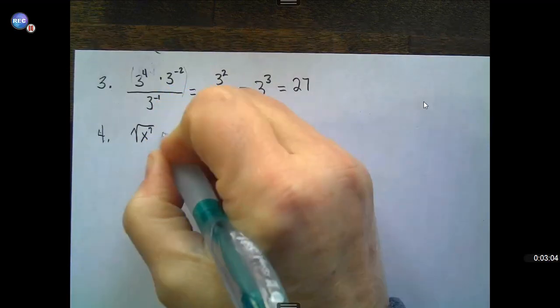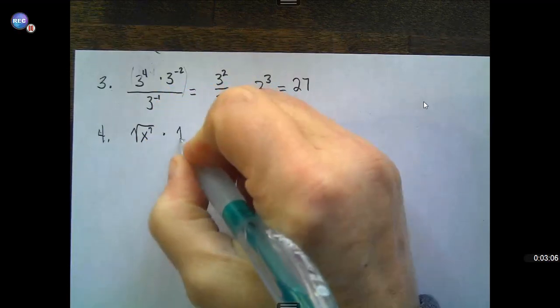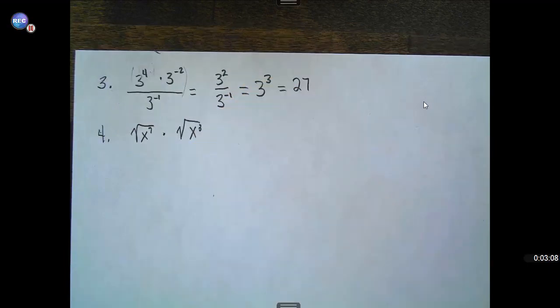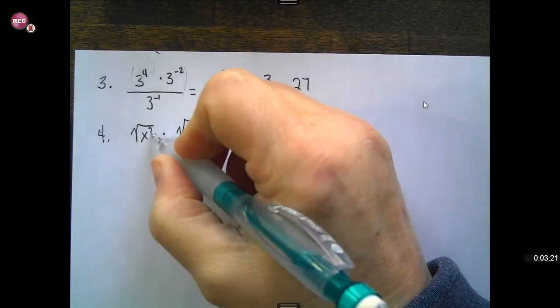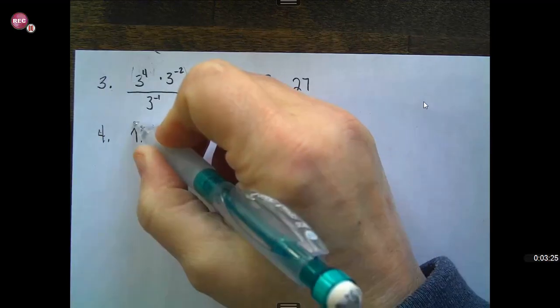x to the 7th times x to the 3rd. I can't remember if it was a pre-calculus student or an algebra student, because we're kind of doing the same thing here. But they were supposed to write this with fractional exponents, and they made this 7 over. They thought this was a 1.